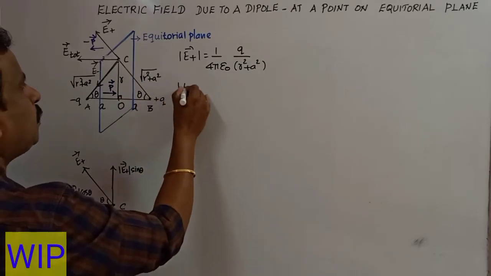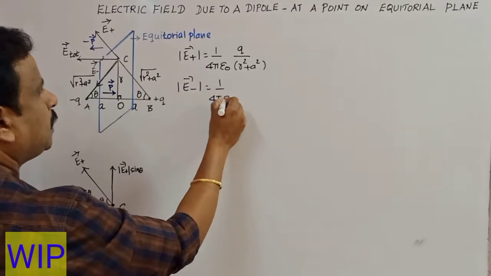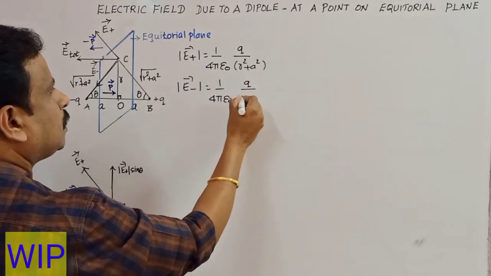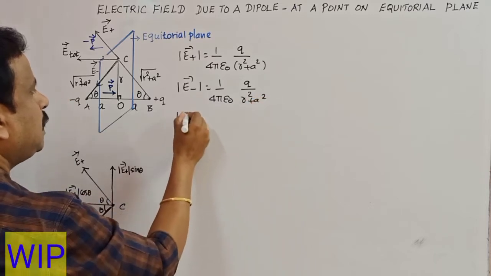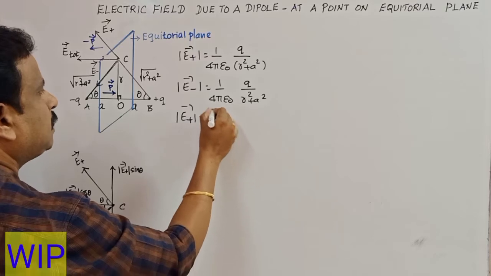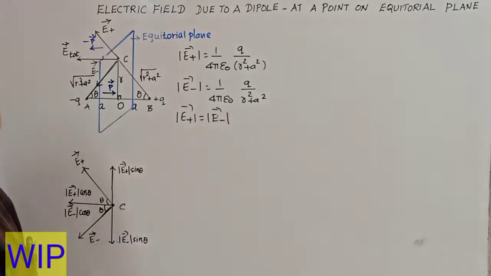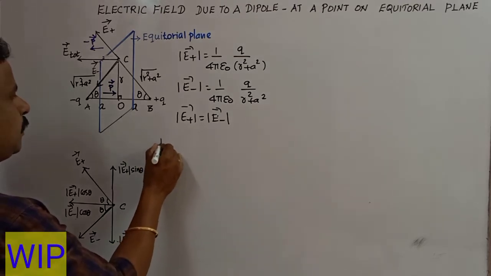And if you find modulus E minus vector, that is also the same thing: 1 by 4 pi epsilon 0, same value, q divided by r square plus a square. So modulus E plus vector is equal to modulus E minus vector. This is a very important point you have to mention.